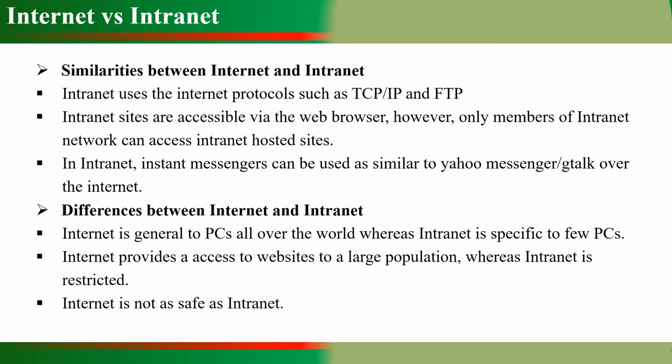Internet provides access to websites to a large population, whereas intranet is restricted. Here, access to websites is given to employees of the company. Intranet is not as unsafe as the internet. We can protect an intranet from the internet by implementing some security rules.